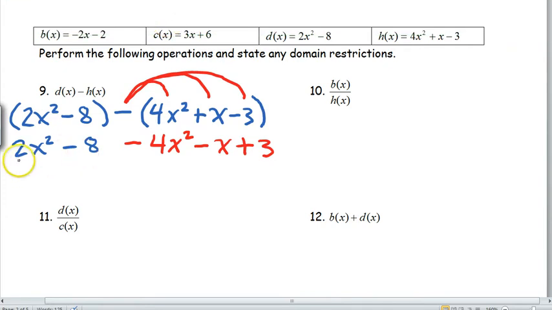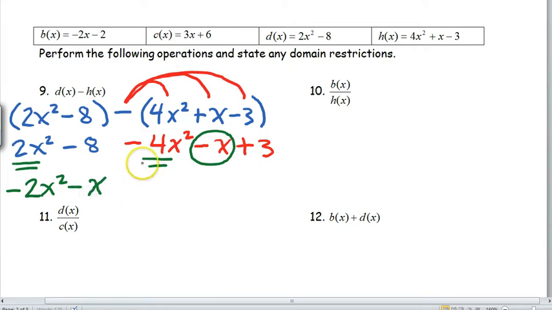Now I'm just combining like terms. 2x squared combines with the negative 4x squared. What do I get when I put those together? I get negative 2x squared. And then I've got the x sitting here. It doesn't really have anybody to be with, so it just sits all alone.